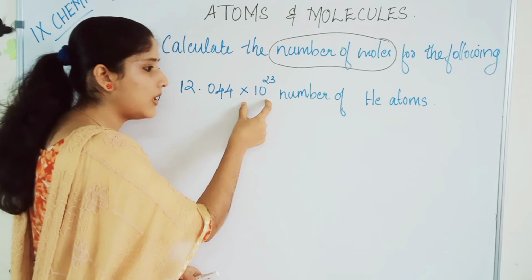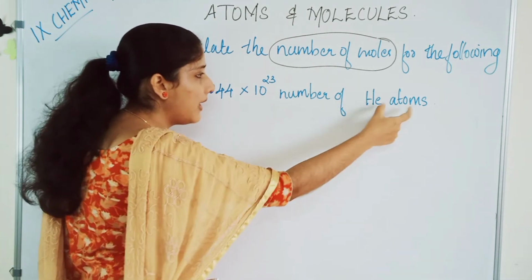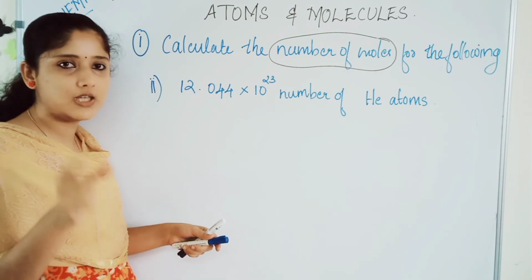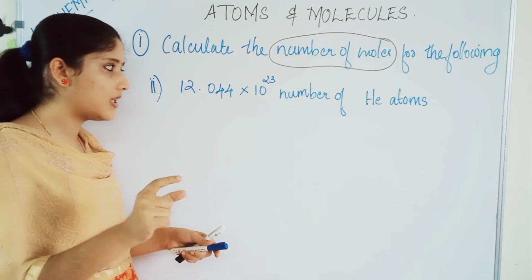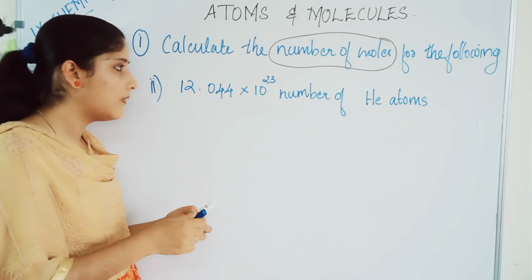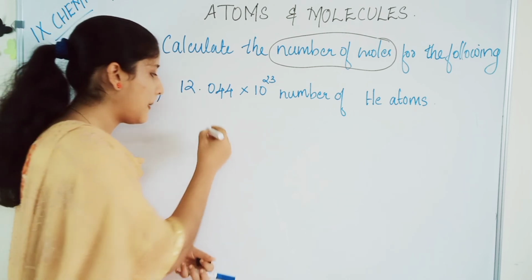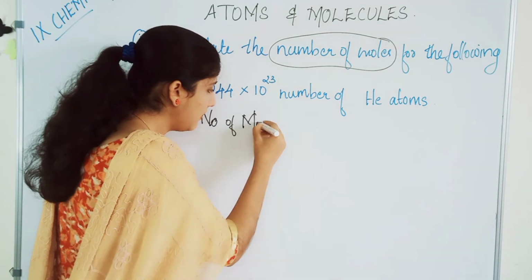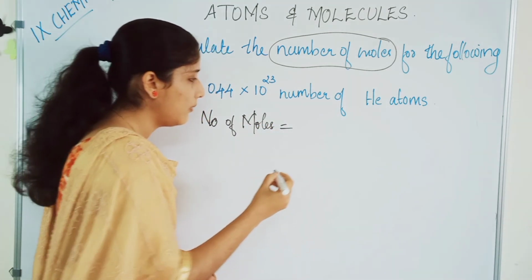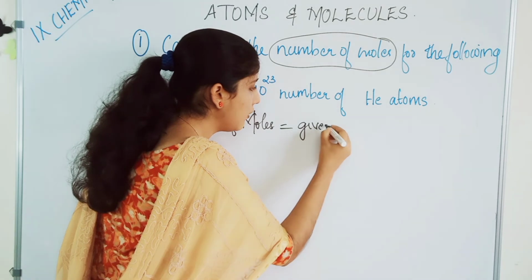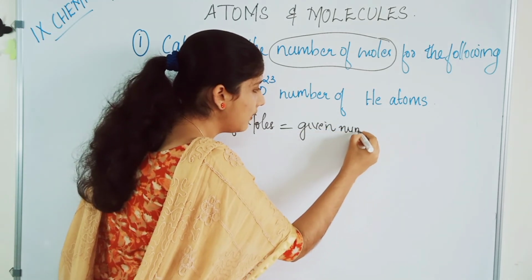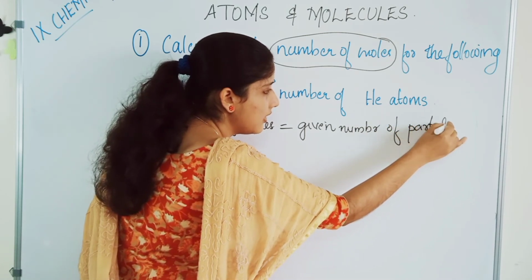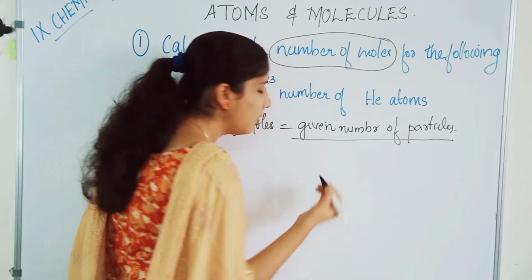Second question is to calculate the number of moles in 12.044 into 10 raised to 23 helium atoms. Here the given number of particles is given, not mass. Number of particles is given. So we will use the second equation, that is number of moles is equal to given number of particles divided by Avogadro number.